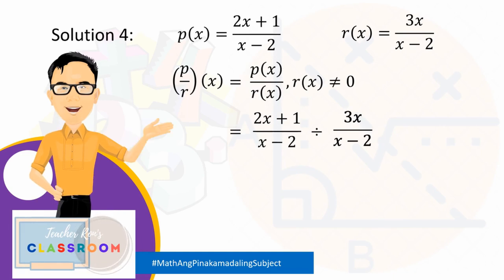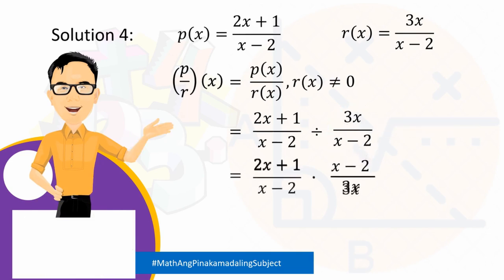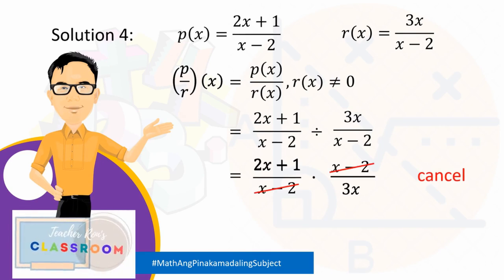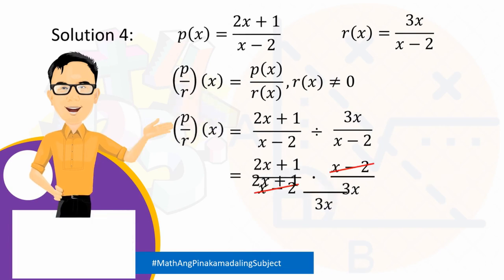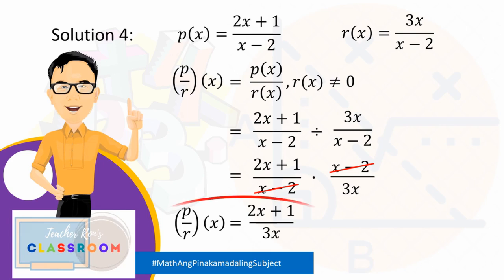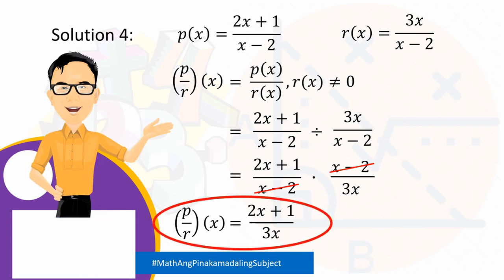Get the reciprocal of r of x. The reciprocal of r of x is x minus 2 over 3x, and multiply it by our p of x. We cancel x minus 2. Then we only have 2x plus 1 over 3x. Therefore, p divided by r of x is equal to 2x plus 1 over 3x.